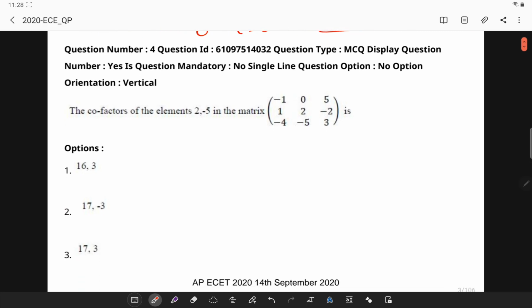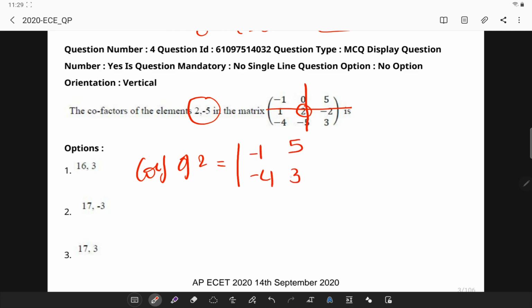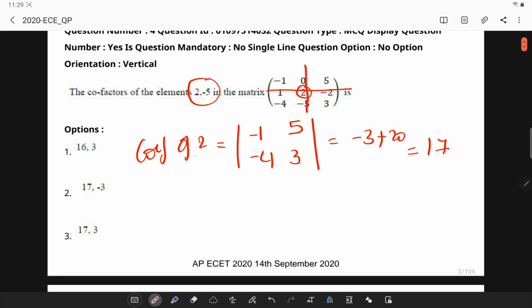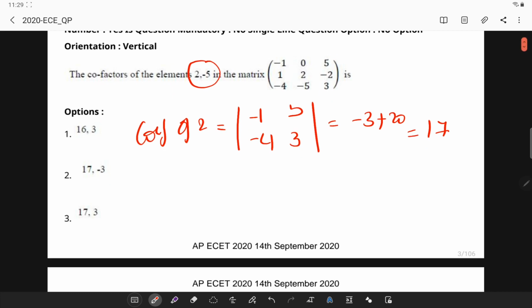Next, cofactors. We are asked the cofactors of 2 and minus 5. So cofactor of 2 is simply, draw a line like this. You will be left with minus 1, 5, minus 4, 3, which is minus 3 plus 20, which is 17. And then cofactor of minus 5.